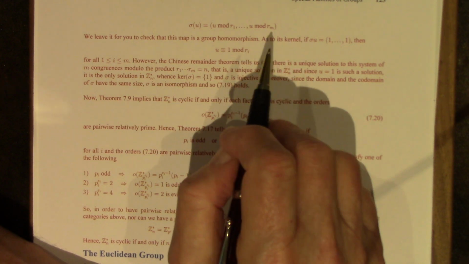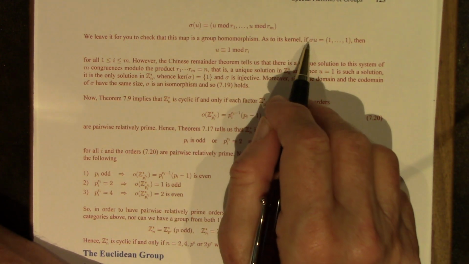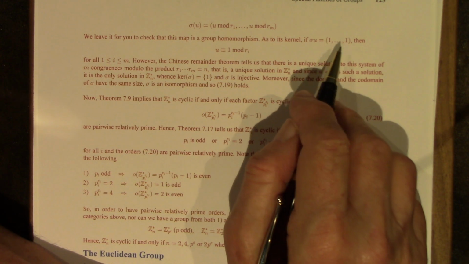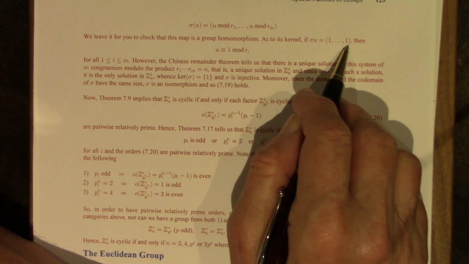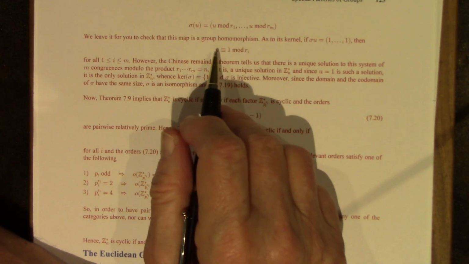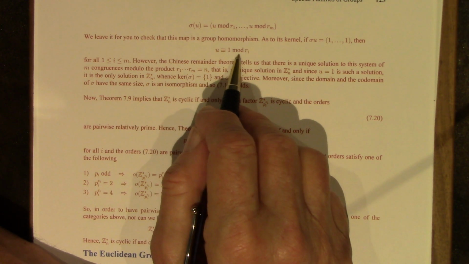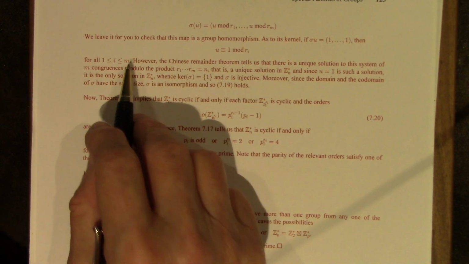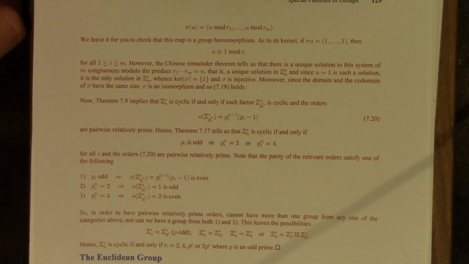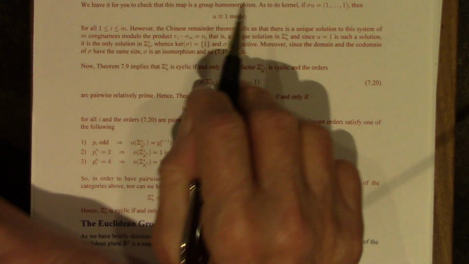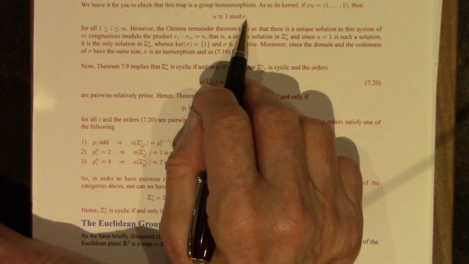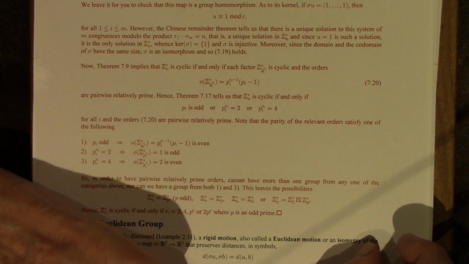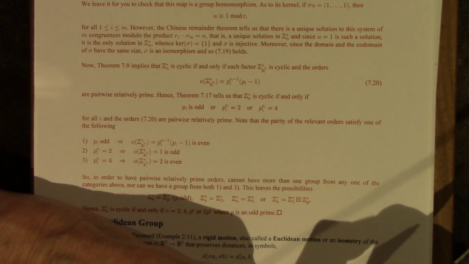As to the kernel, suppose that sigma u is the identity in the external direct product. Then u is congruent to 1 mod ri for all i from 1 to m. We have a system of congruences where the moduli ri are pairwise relatively prime. So we think of the Chinese remainder theorem.